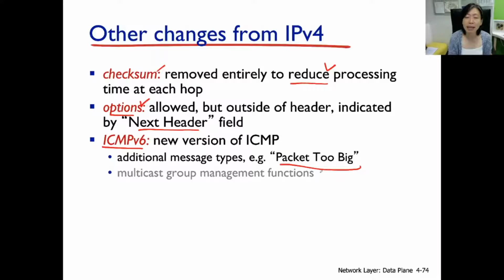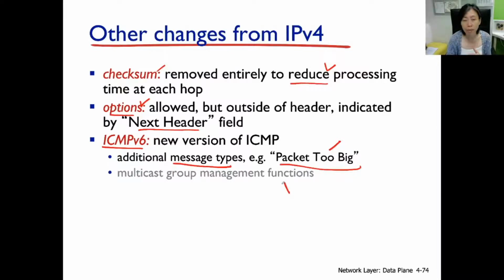The mechanism in version 6 is to send a special ICMP version 6 message back to the data source saying packet too big, and the better packet size is below this MTU value. So there are additional messages defined in ICMP version 6, allowing the routers to manage themselves, deciding what is the best datagram size.